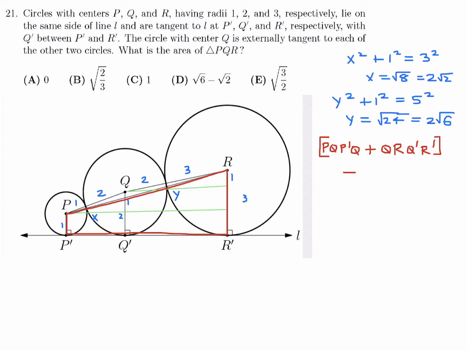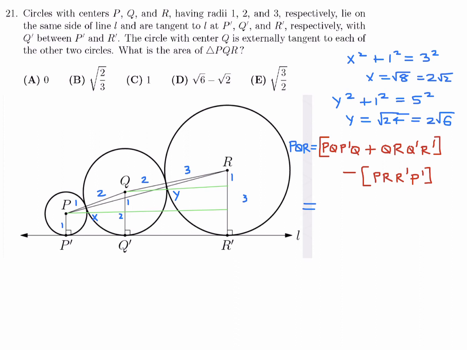And that shape will be P, R, R prime, P prime. Okay, well, I think I can do that. And that is, of course, representing PQR. So PQR, that is the shape.